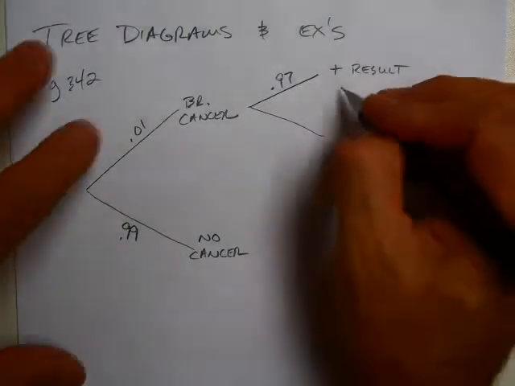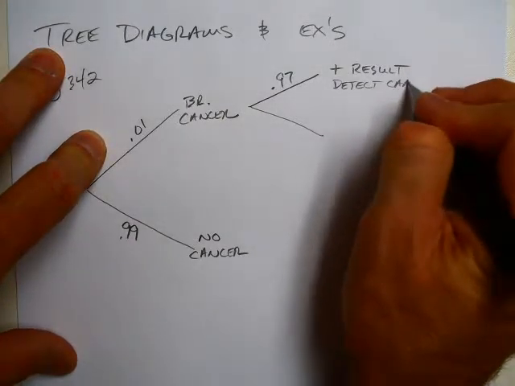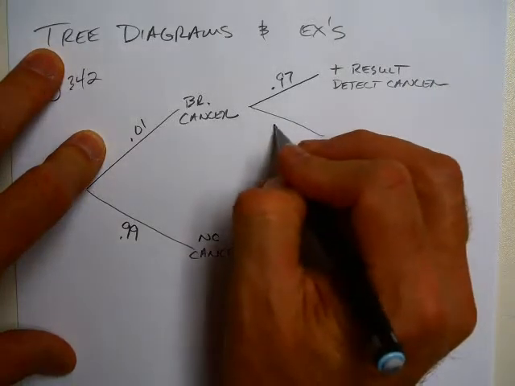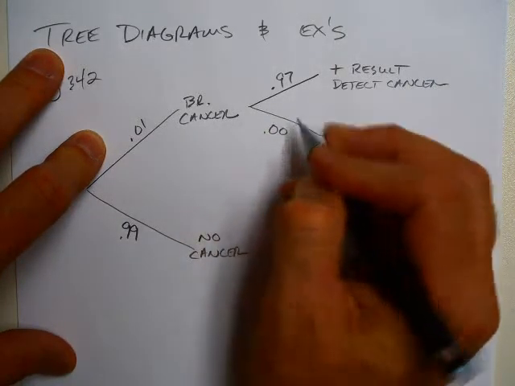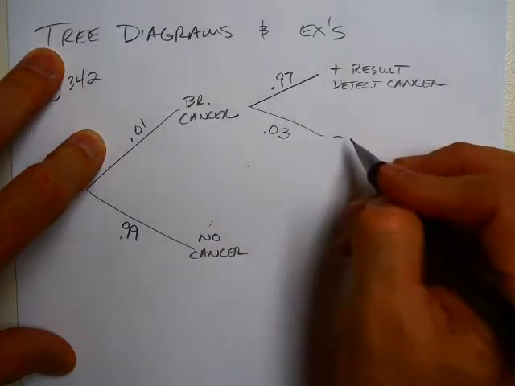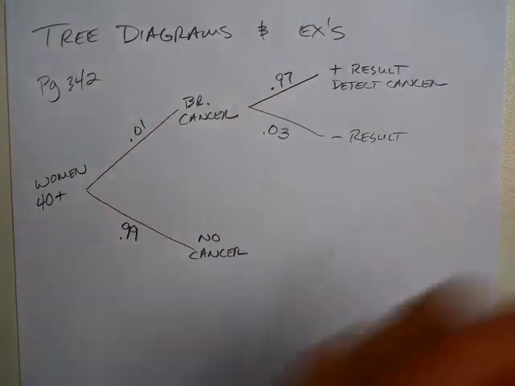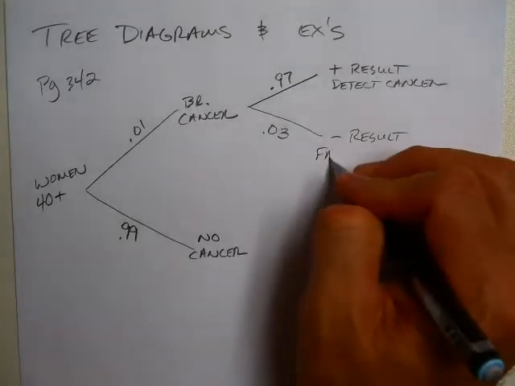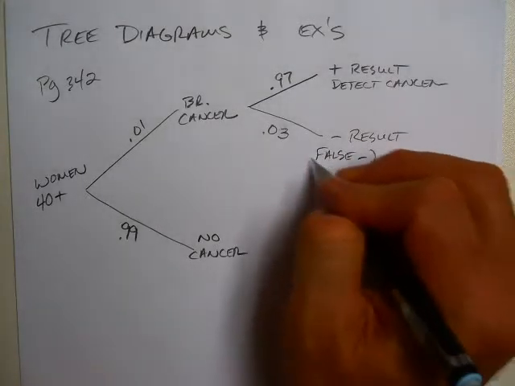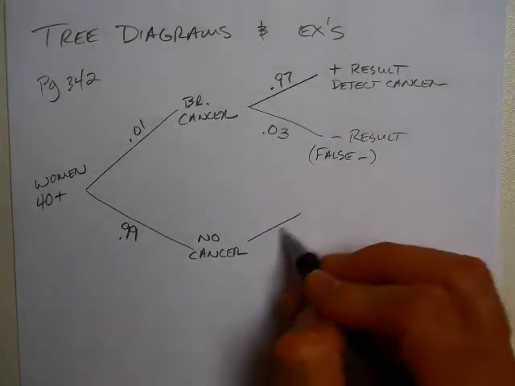But 3% of the time, we're going to get a negative result. This would be a false negative. So a woman has cancer, but the test doesn't detect it. That's an unfortunate truth of medical testing.